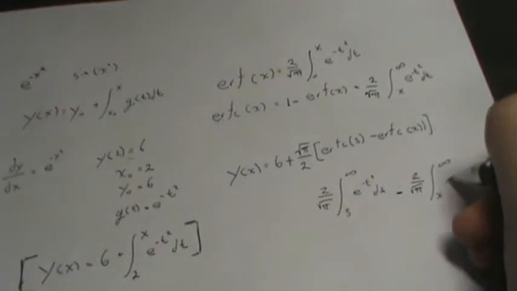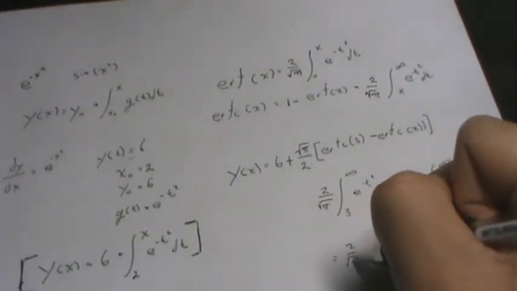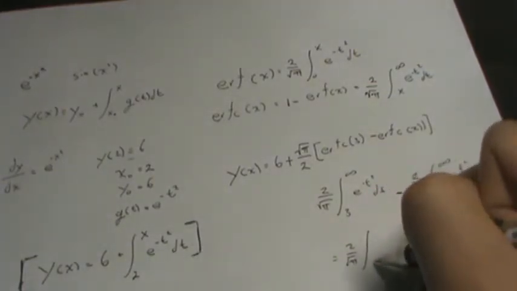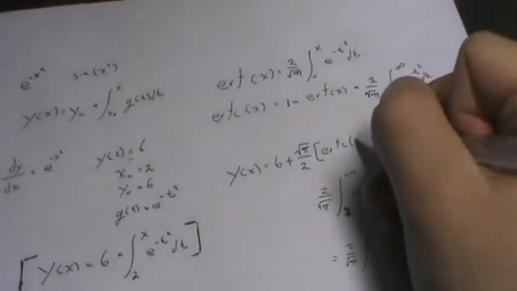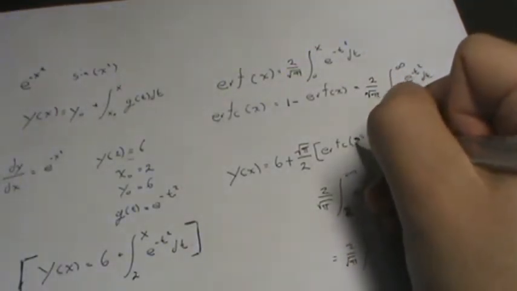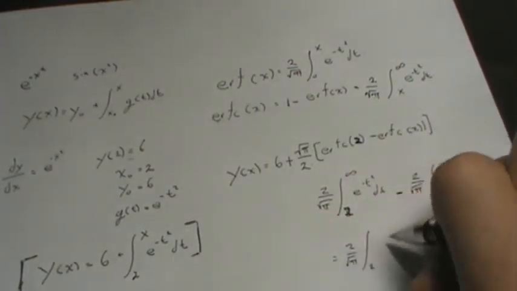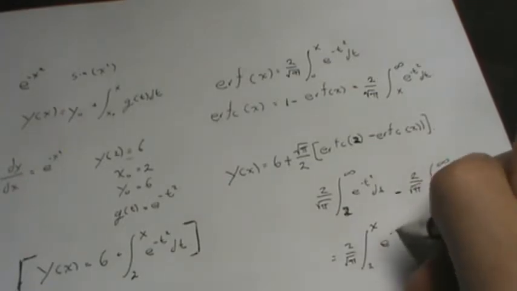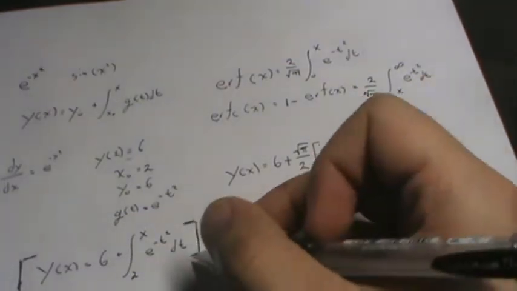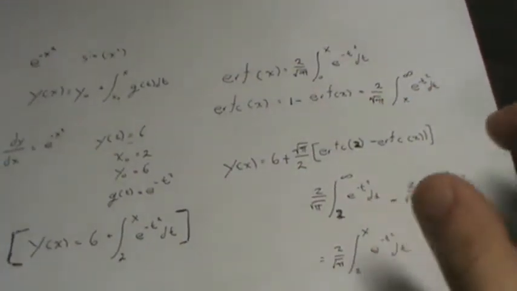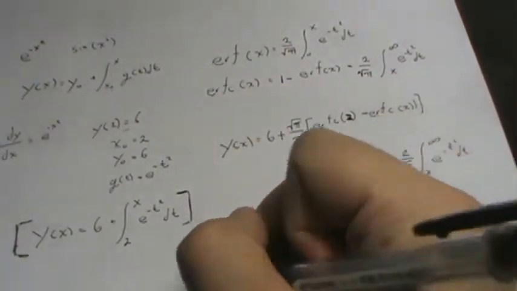And if you remember, this will be the same as having 2 over the square root of pi... sorry, this is a 2. It will be the same as having the integral from 2 to x of e to the minus t squared dt, and then when we multiply by this and get rid of this term, we have exactly the same as here.